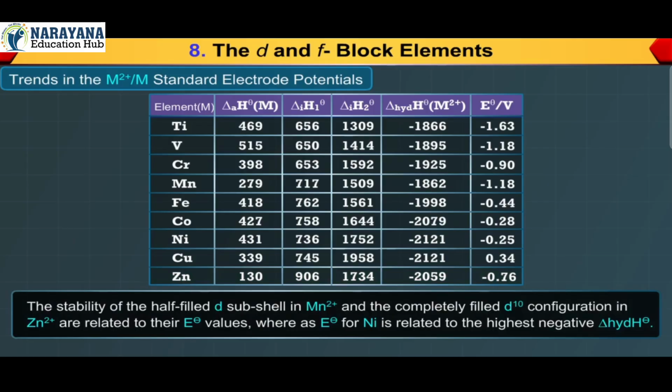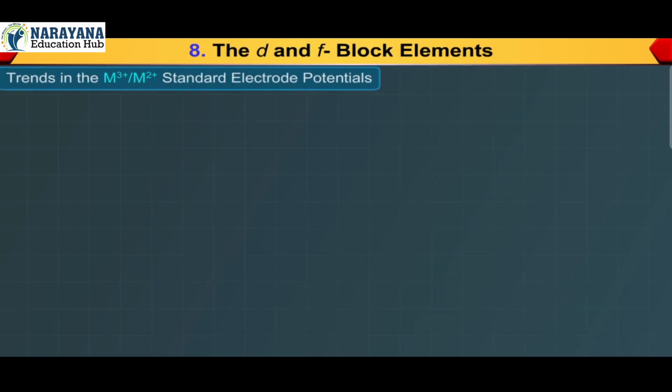The stability of the half-filled d subshell in Mn2+ and the completely filled d10 configuration in Zn2+ are related to their E° values, whereas E° for nickel is related to the highest negative ΔhydH°.